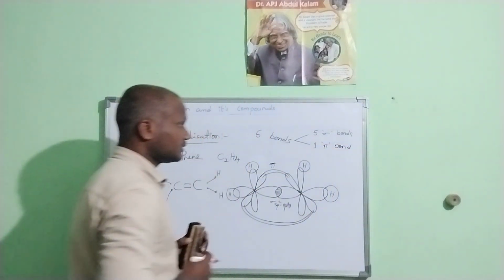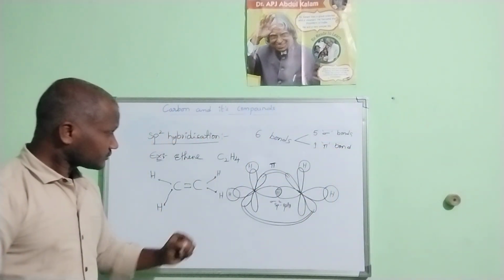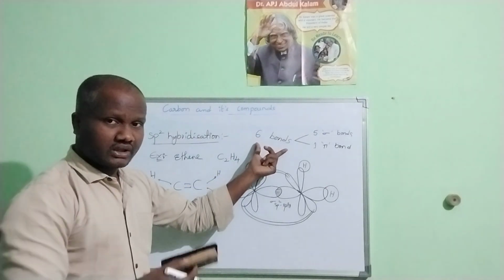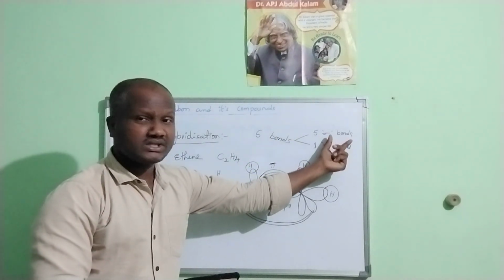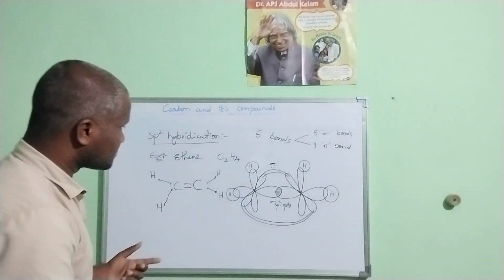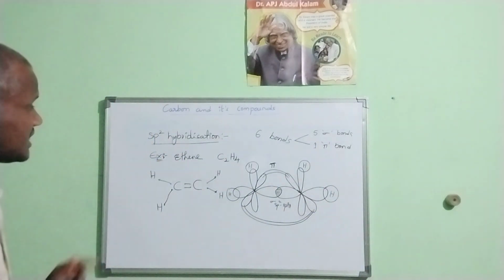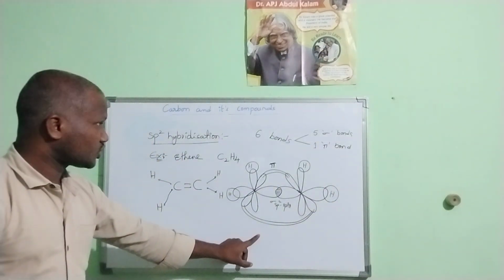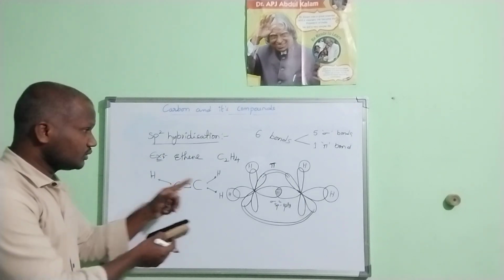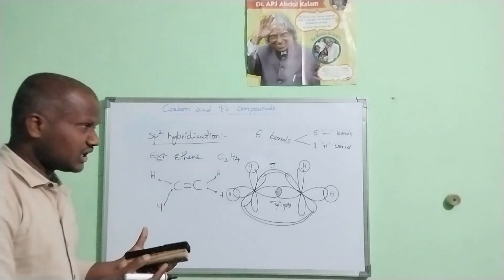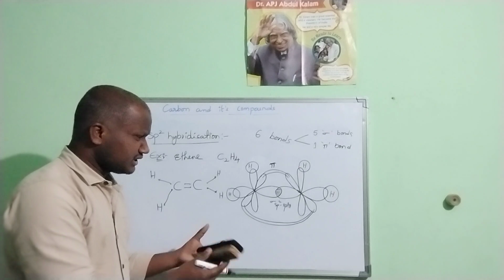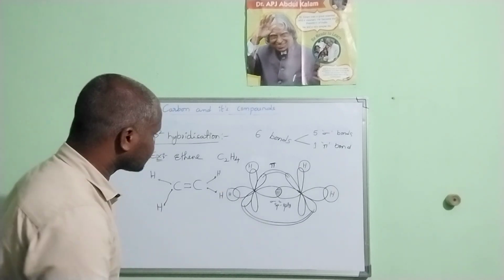In the ethene molecule, out of the 6 bonds, 5 sigma bonds and 1 pi bond we can observe, that is C2H4. And this is the structure of ethene according to sp2 hybridization, how the individual atoms are redistributing their atomic orbitals.